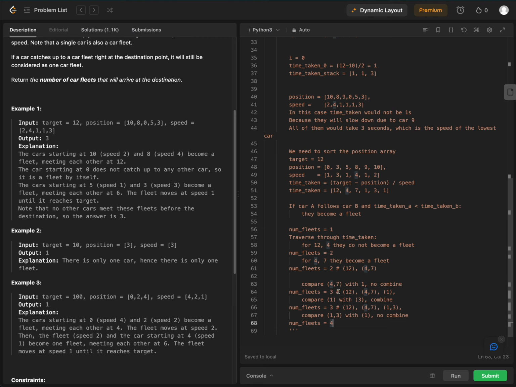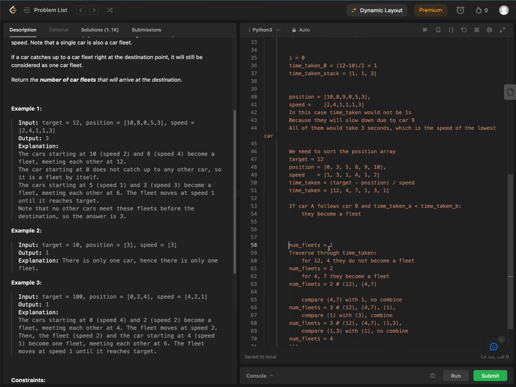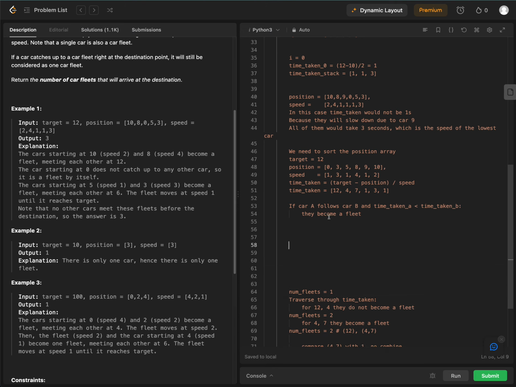Because of the nature of the question, let's just remove this and try this from the back. Okay, so we're looking at time taken equals to 12, 4, 7, 1, 3, 1.